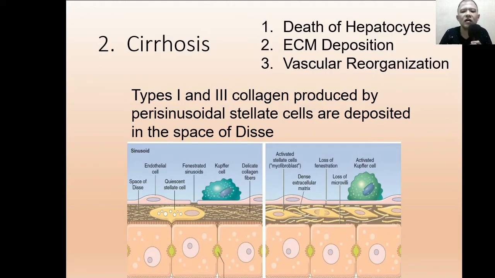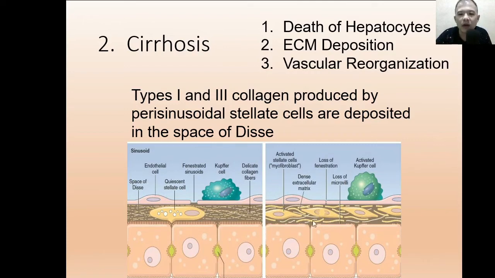Fibrosis is the capability of the liver to heal itself. But the healing also compromises the hepatocytes. So here, how are the hepatocytes compromised?